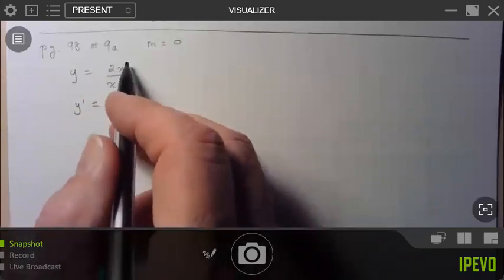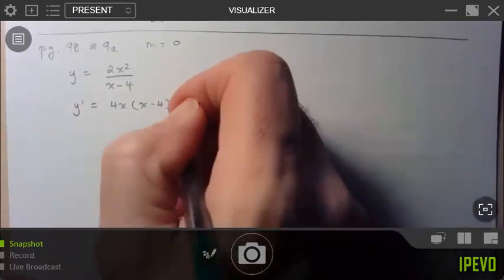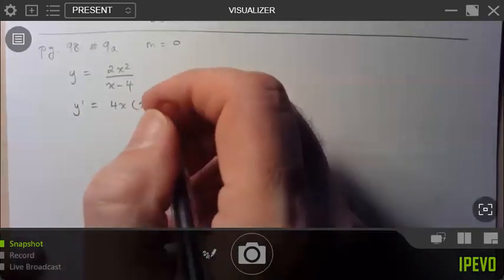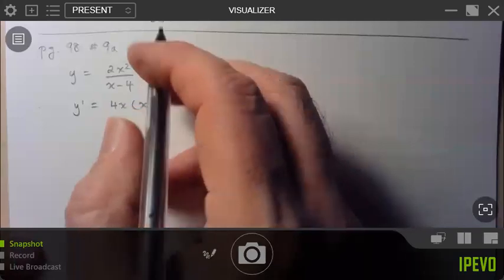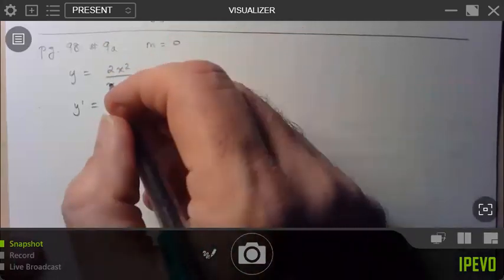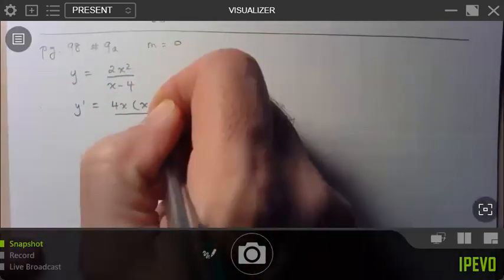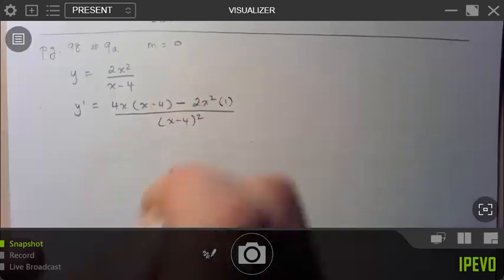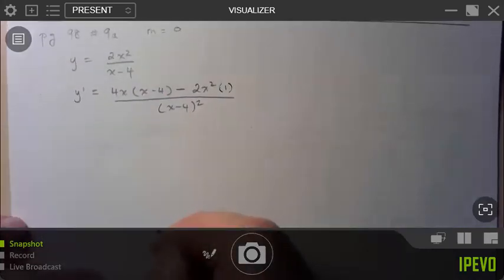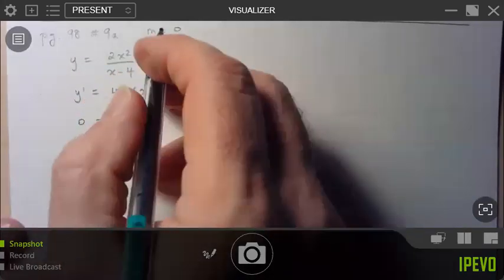So the derivative of the numerator is going to be 4x times the denominator function, x minus 4, minus the numerator function, 2x squared, times the derivative of the denominator, which is just 1, all over the denominator squared.